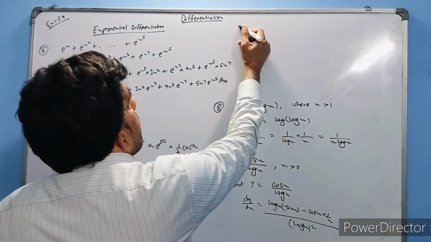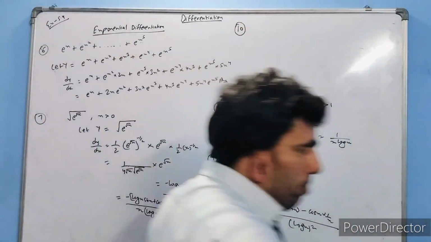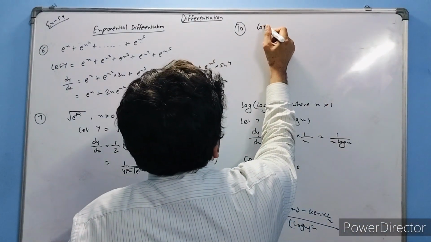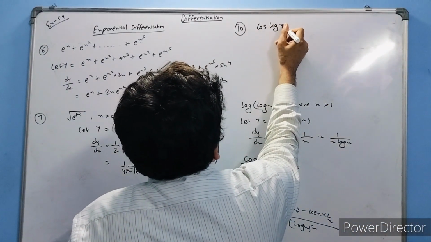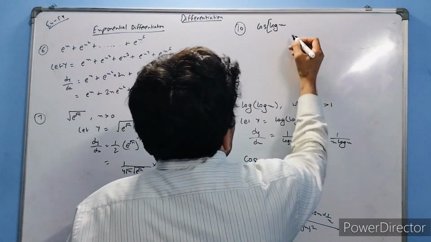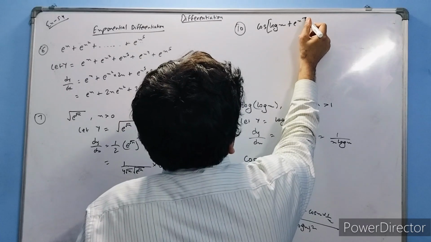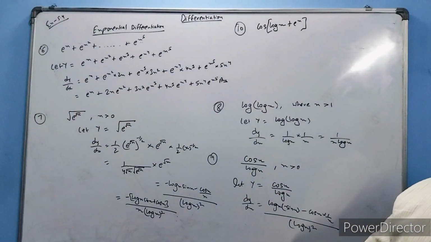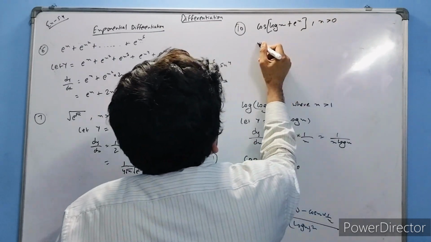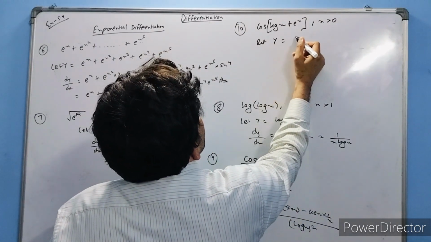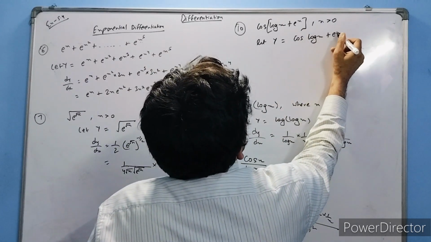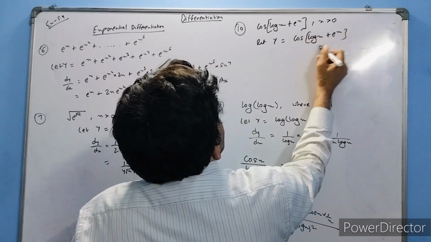Let's try one more numerical. We have cos of log x plus e raised to the power x, where x is greater than 0. So let us take y is equal to cos of log x plus e^x. Now let's differentiate it.